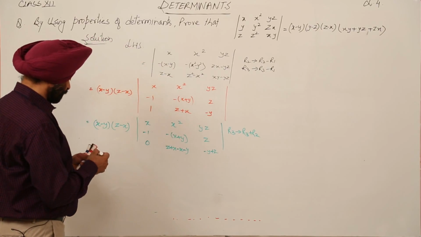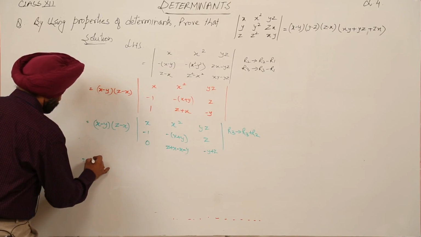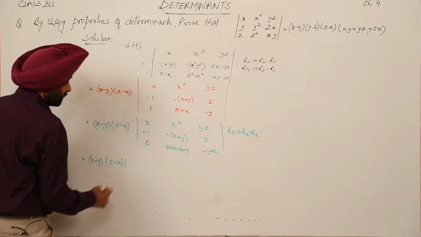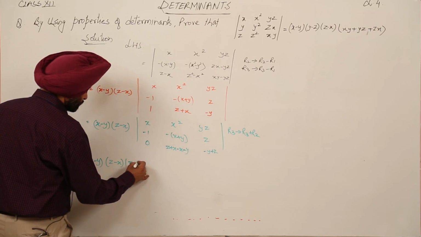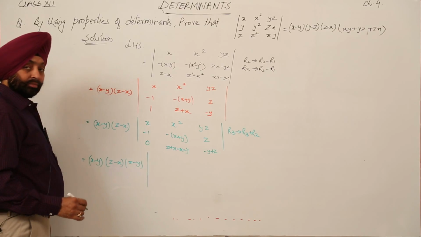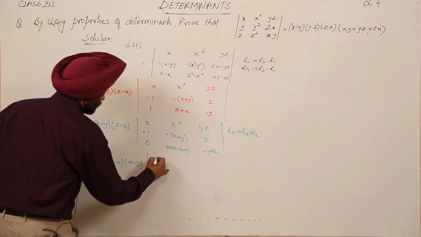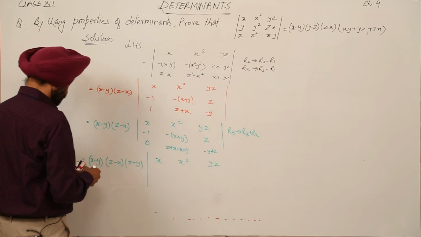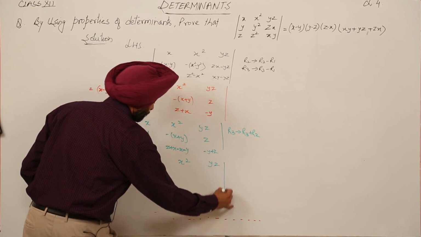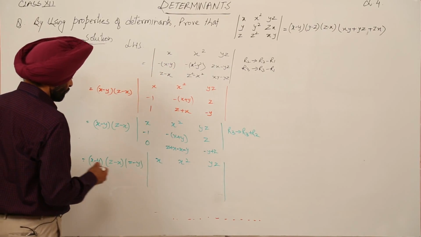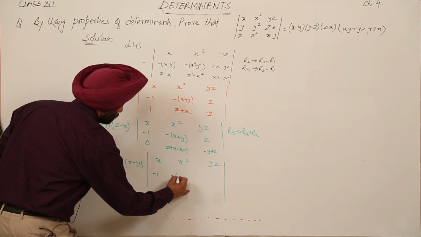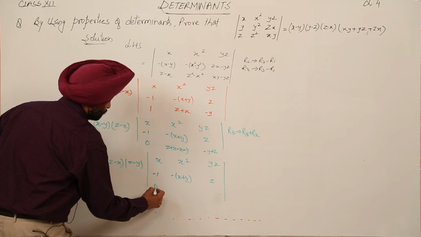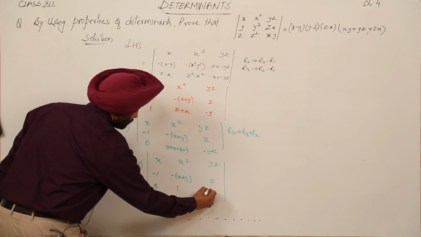Okay, so here we are having negative, minus. Now x minus y, z minus x and z minus y common. Now this z minus y is common from R3. We are having x, x square, yz with minus 1, minus x plus y, z, then 0, 1 and 1.